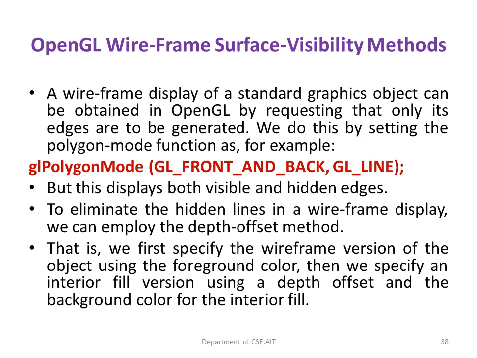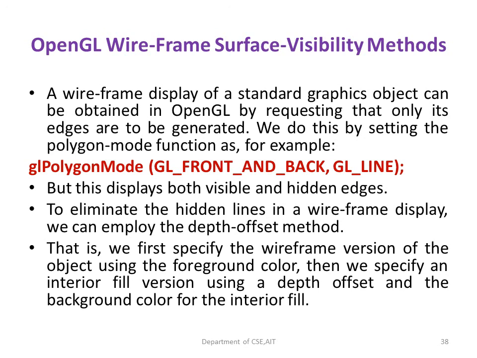If I want to get only the skeletal display, that means only the wire display of an object, I can place my request to generate only the edges by making use of glPolygonMode, with the parameters GL_FRONT_AND_BACK and GL_LINE. This is going to display both the visible as well as the hidden edges.